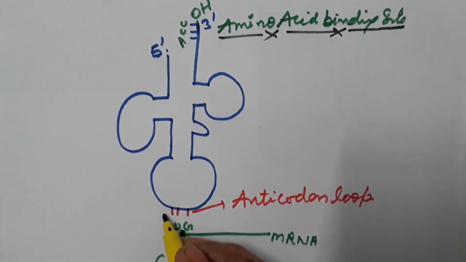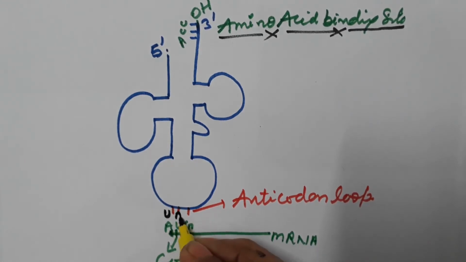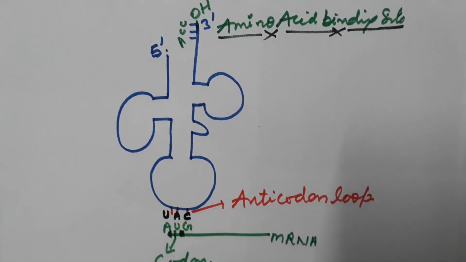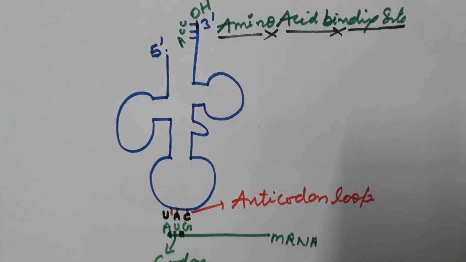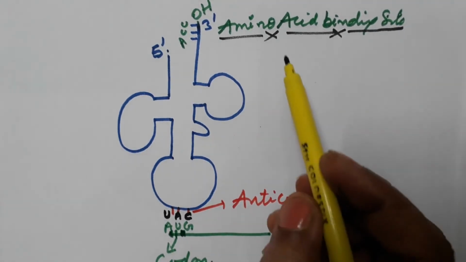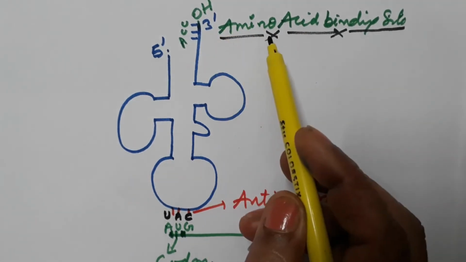A pairs with U because it is RNA, U pairs with A and G pairs with C. So this transfer RNA has an anticodon UAC against the AUG codon present on the messenger RNA. And according to this codon AUG, it brings the amino acid and this amino acid binds to the 3' end of the transfer RNA.